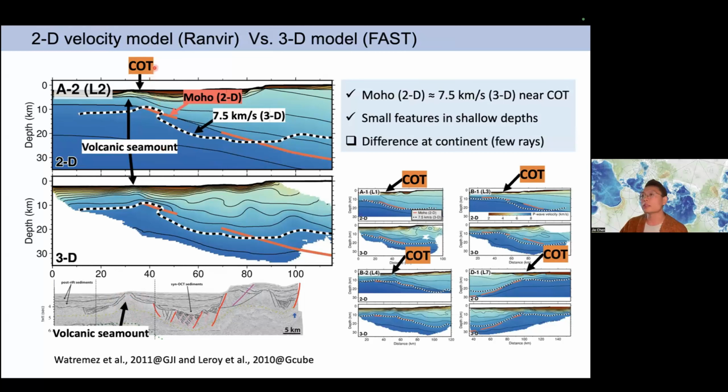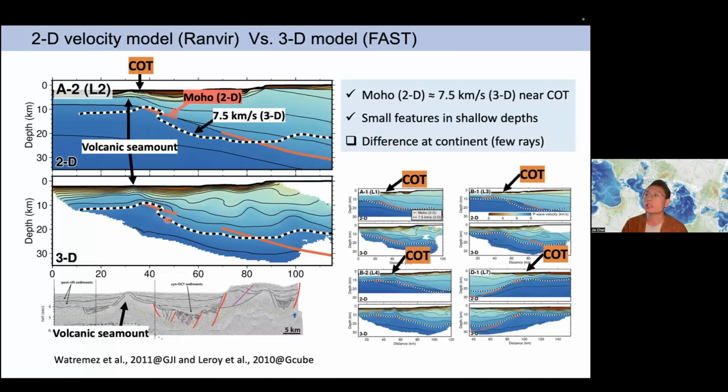We first focus on the area near the COT. The red line is the Moho in the 2D profile, and the dashed line is the 7.5 kilometer per second contour in 3D.